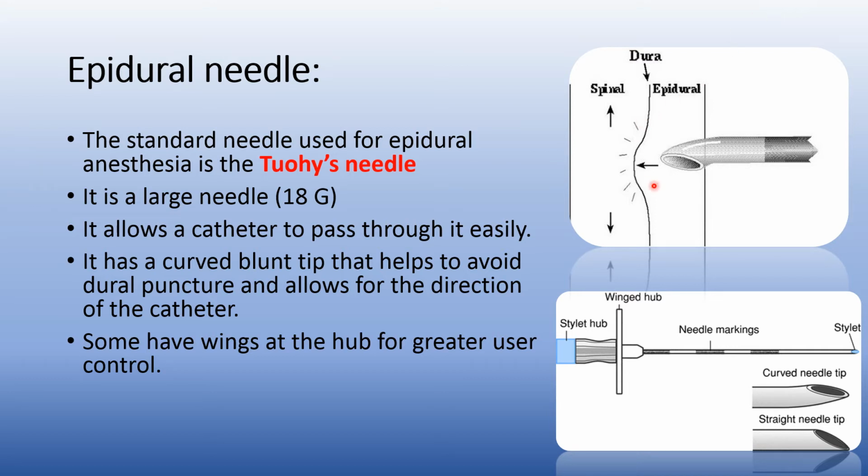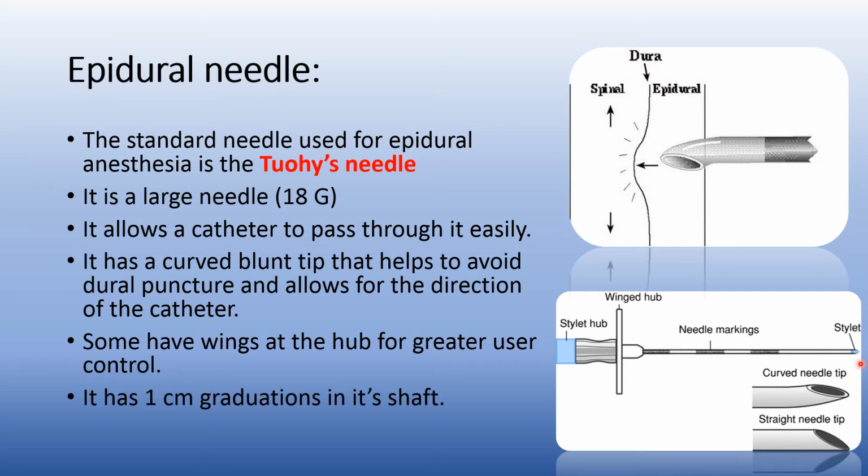As we can see in picture 1, this is the curved tip, and the idea of the curved tip is to make puncturing the dura more difficult. And this is the diagram of the epidural needle or Tuohy needle, showing the difference between the curved tip and the straight one of the spinal anesthesia.